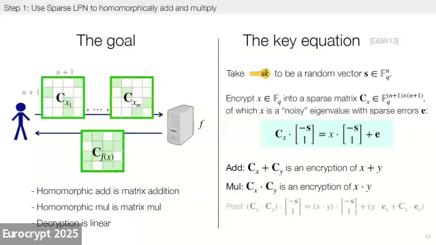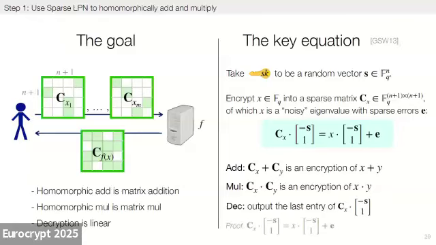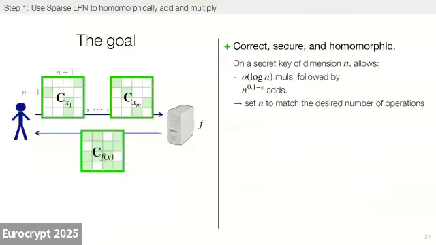In the same way, if we multiply two ciphertexts, the underlying eigenvalues multiply, and we get an encryption of the product of the underlying messages. And finally, our decryption is indeed linear, because to decrypt, we just take our ciphertext, multiply by minus S1, and then the last entry is going to be exactly X, plus some error term with very low probability. Okay, so this really is it. We just built a scheme that's correct, it's secure, and it's homomorphic.